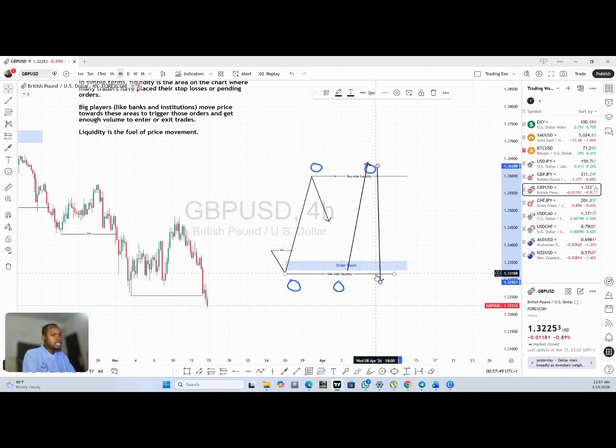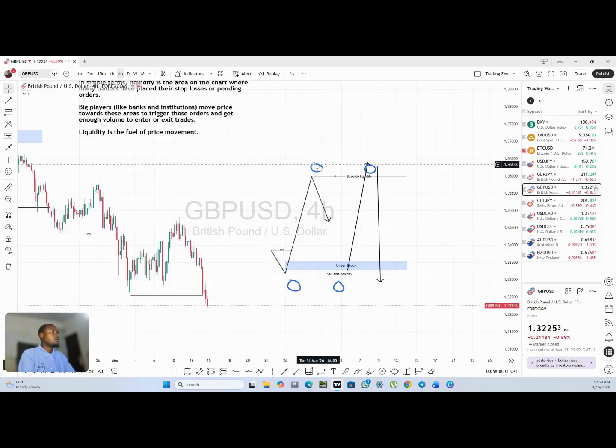And we name this sell side liquidity because it is sellers that will eat this liquidity. So these are the simple terms of external range liquidity.